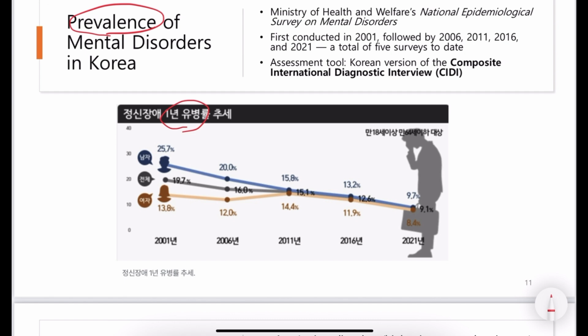To measure mental disorders, the survey used a diagnostic tool called the CIDI, which was developed based on DSM-4 and ICD-10.